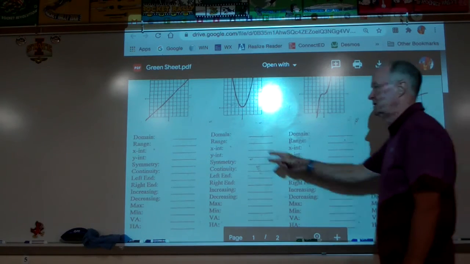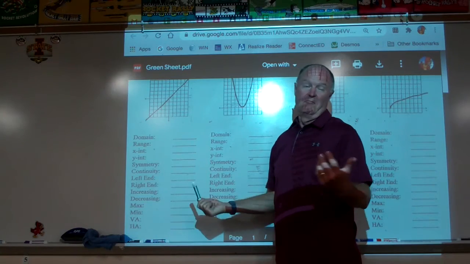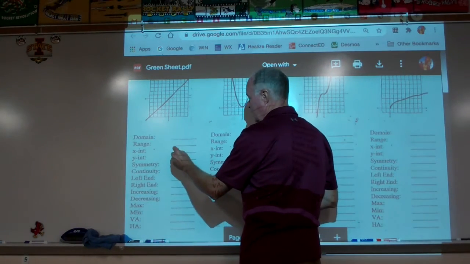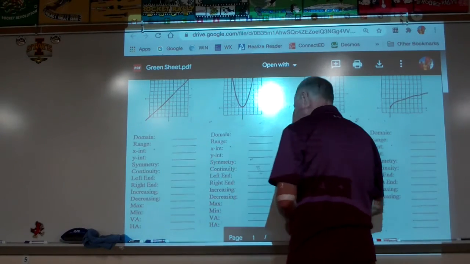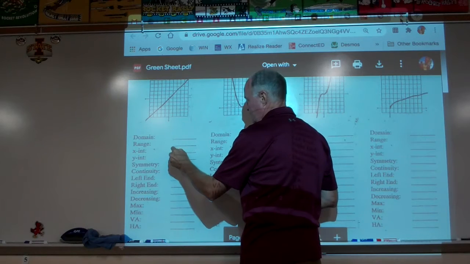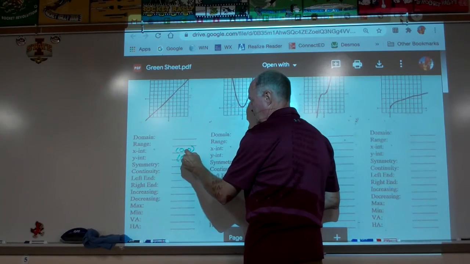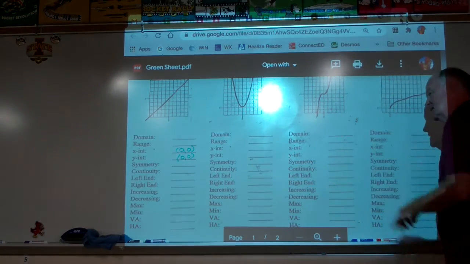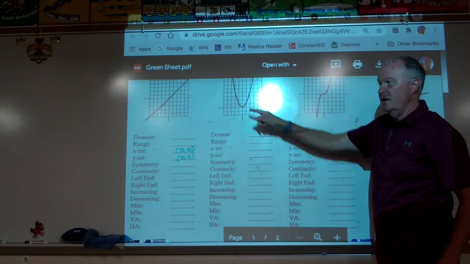So if we look at y equals x, where's it cross? 0, 0, pretty much, right? So for both of them, it crosses at the X-intercept, 0, 0. Y-intercept, 0, 0. Y equals x squared.